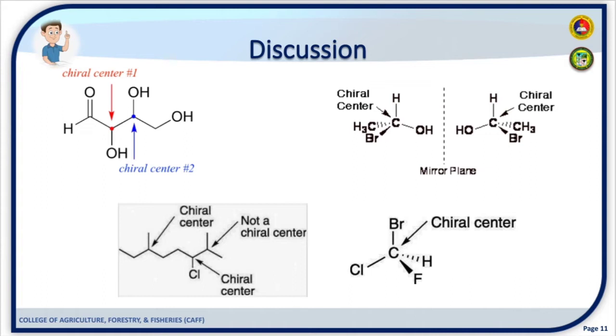Now, let's examine chiral center number 2. First, look at the right side of chiral center number 2. The carbon atom in chiral center number 2 is directly bonded to a carbon atom, which is chiral center number 1.